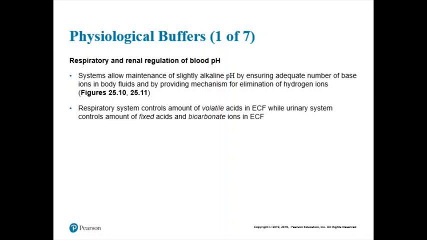So when we talk about regulating pH, we got to talk about regulating it with the respiratory system, because you could eliminate carbon dioxide with the gases you breathe out. And you got to think about the fixed acids that need to be eliminated using the renal system. So when we talk about buffers and regulating pH, you're using the respiratory and renal systems.